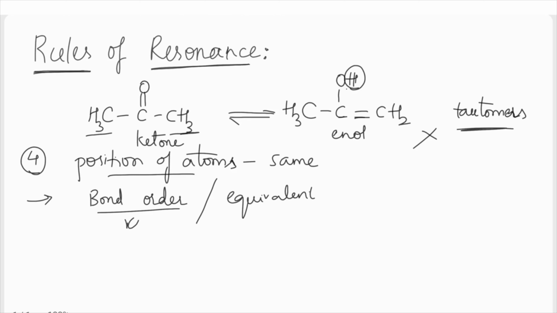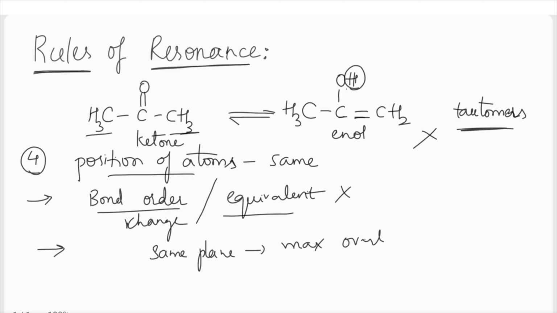Bond order may change and the resonance structures may not be equivalent sometimes, but we always see to it that all the atoms are in the same plane, so that maximum overlapping takes place. Maximum overlapping of orbitals leads to more stability of the molecule.